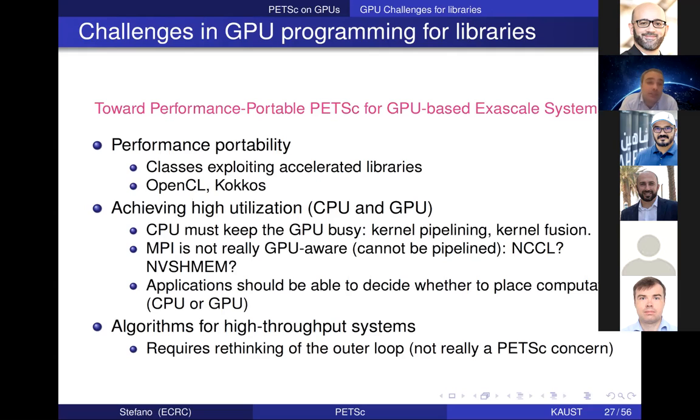For example, the CPU must keep the GPU busy, because any interruption in the GPU queue is detrimental for performance. We do this with kernel pipelining and kernel fusion within the library. The main showstopper to really achieve high utilization on GPUs currently is MPI.